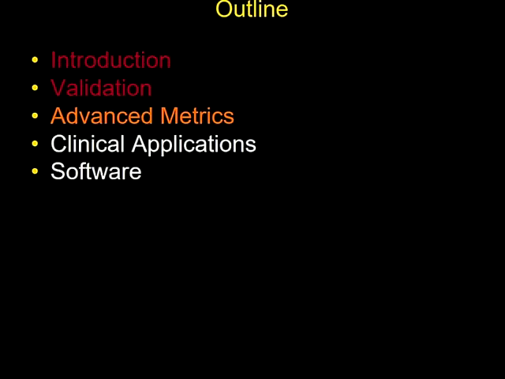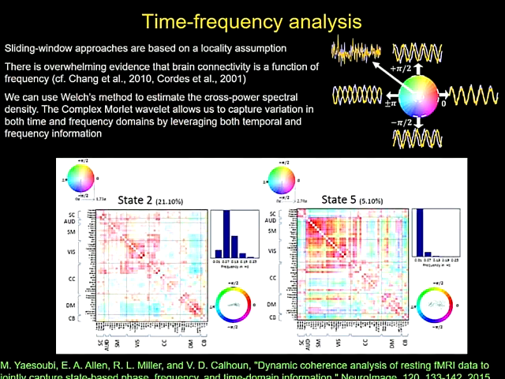A few examples of some advanced metrics. Julia's covered some of these already. Instead of looking just at covariation over time, you can look at a combination of the amplitude of the correlation, the spectra, and the phase. All three sources of information are used to separate states from one another.